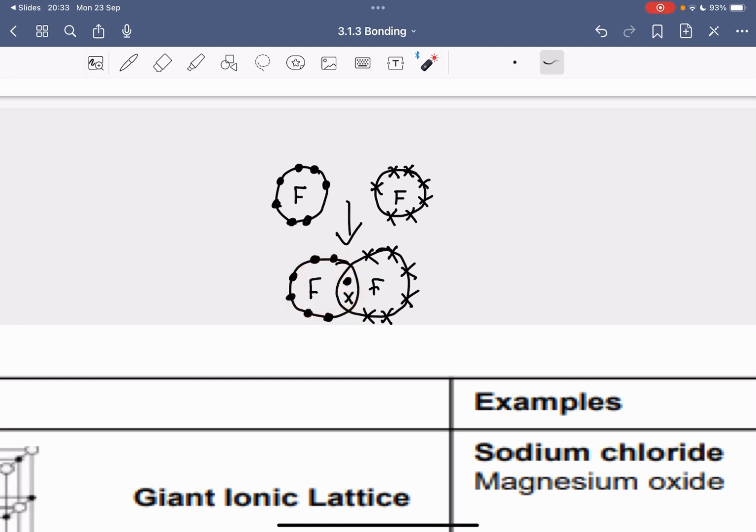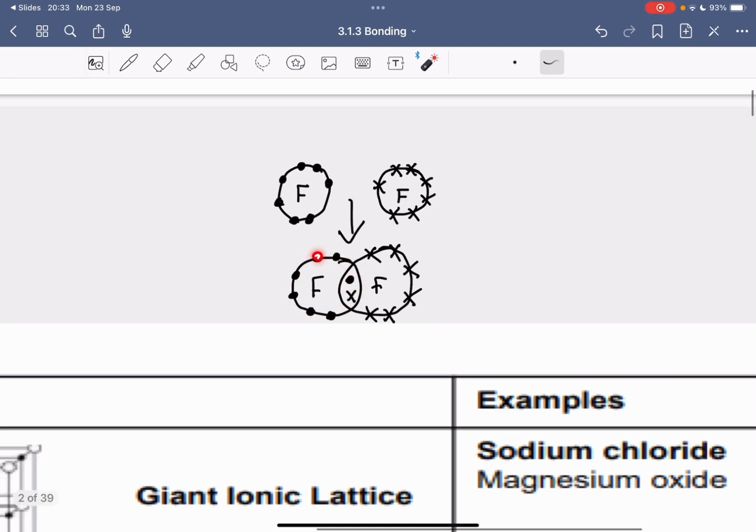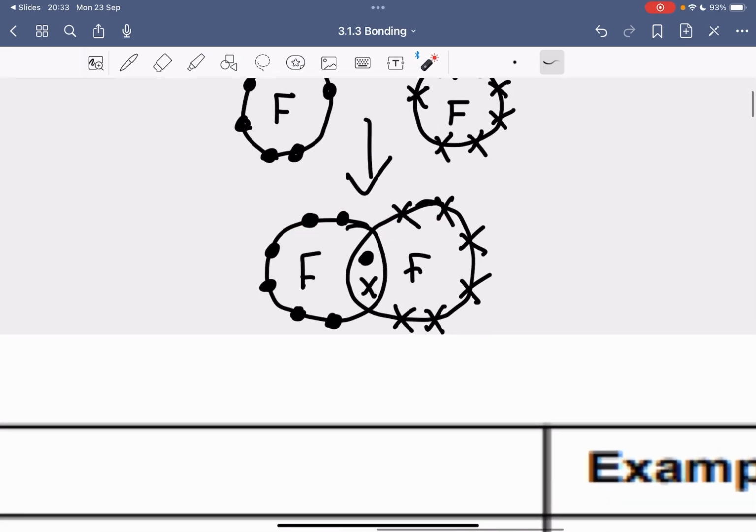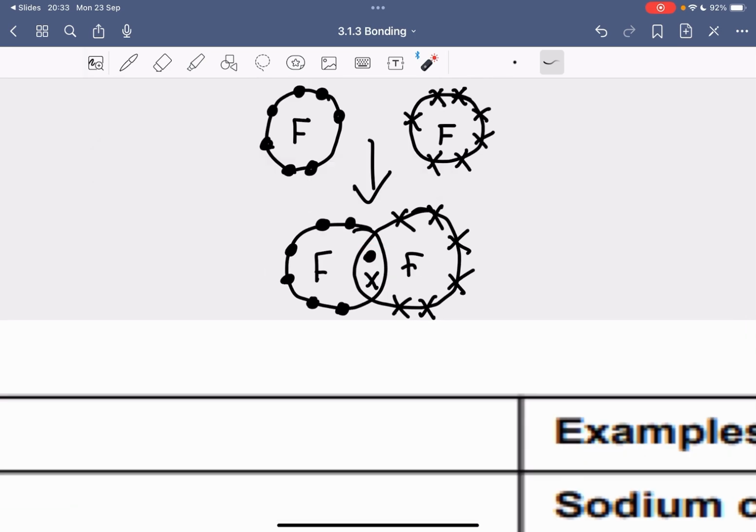Okay, so notice how I've done one atom in circles or dots and the other one in crosses or X's. It really just helps us understand that here the electrons are coming from two different atoms, and that is what is meant by a shared pair of electrons.